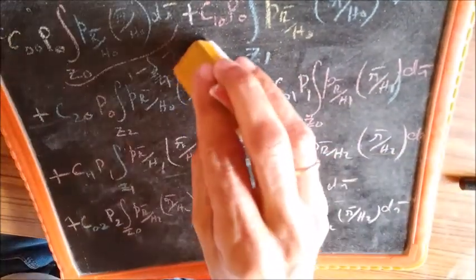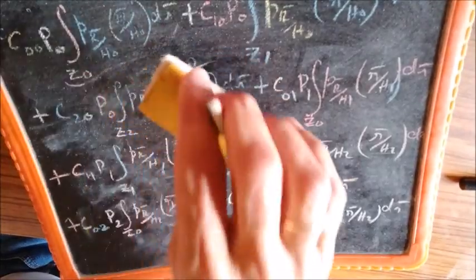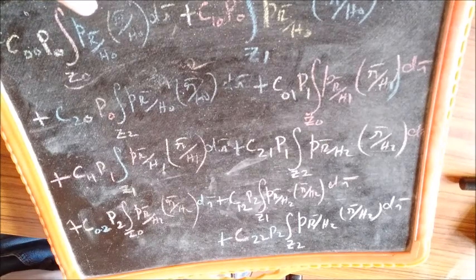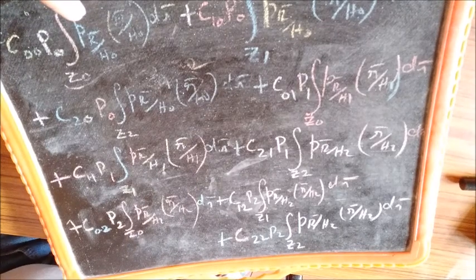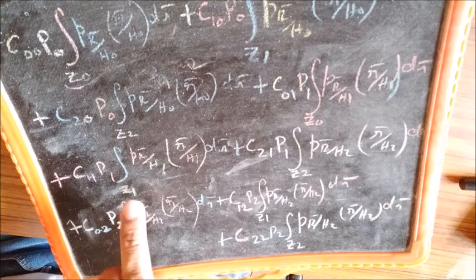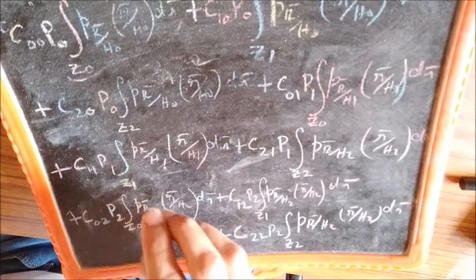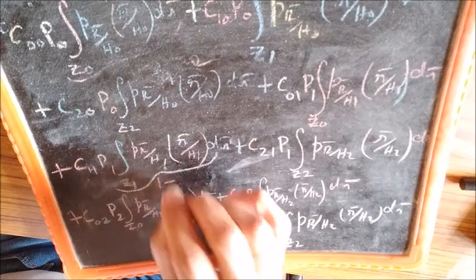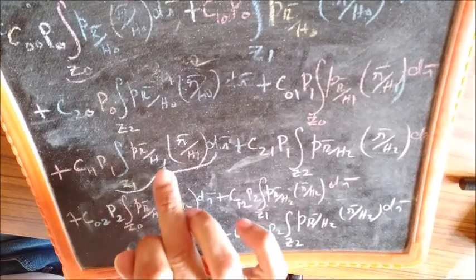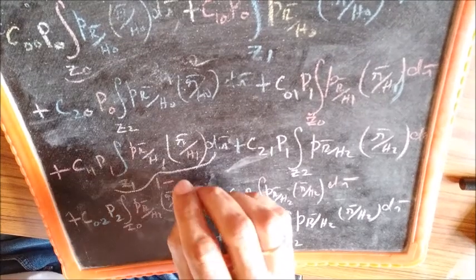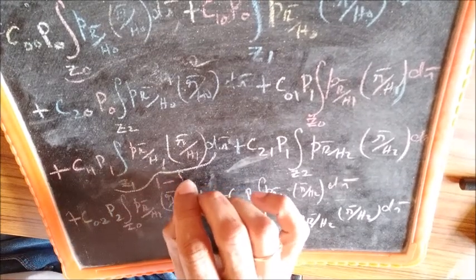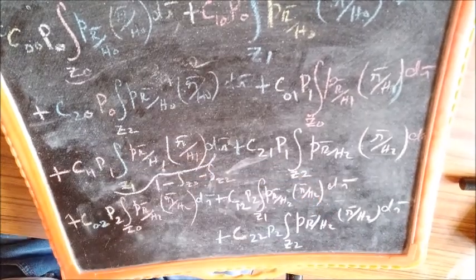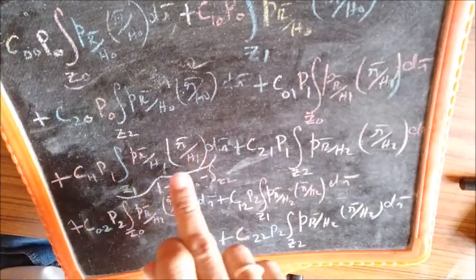So this part we write like this. This part we will write like this. And then we come over here and this we will write as 1 minus, because this is an integration of PRH1 over Z1. So we will write it as 1 minus an integration over Z0 minus an integration over Z2. For the same reasons as I explained here, this is a density function.